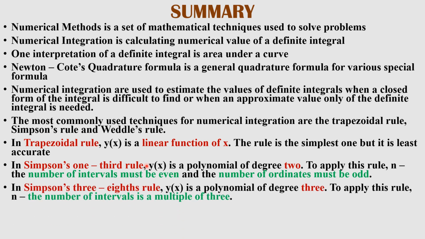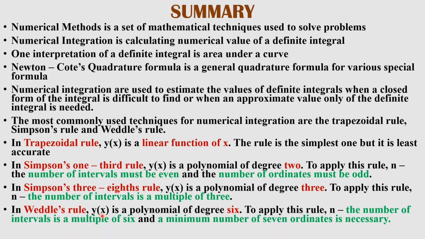Similarly, in Simpson's 3/8 rule, y of x is a polynomial of degree 3. To apply this rule, the number of intervals must be a multiple of 3. Since we substituted n equal to 3 here, n equal to 2 and n equal to 1 earlier, you can very well keep in mind that Simpson's 1/3 rule is a polynomial of degree 2, whereas Simpson's 3/8 rule is a polynomial of degree 3.